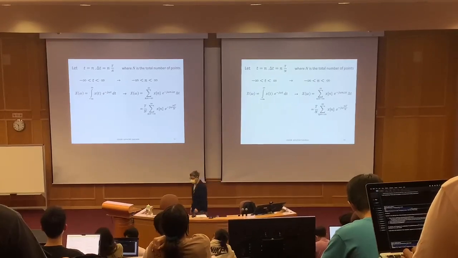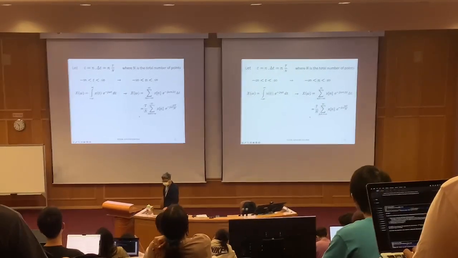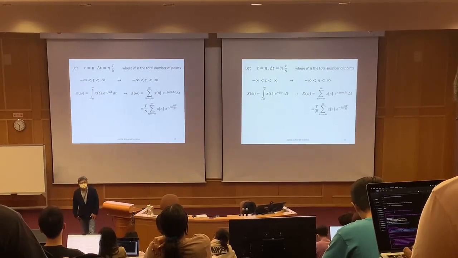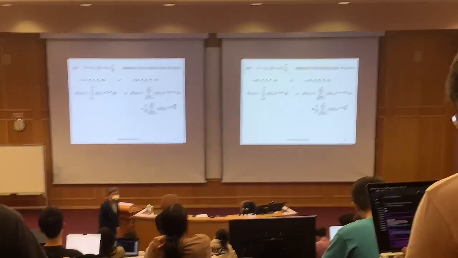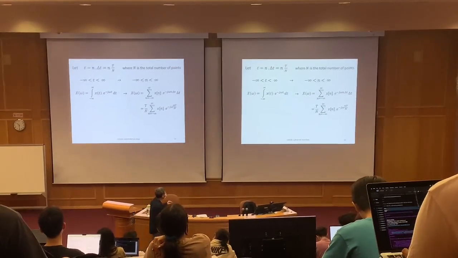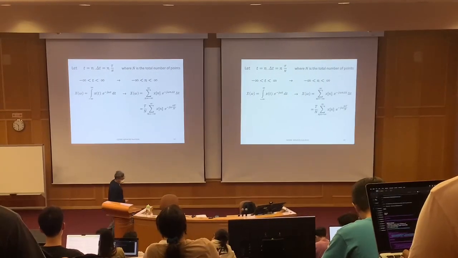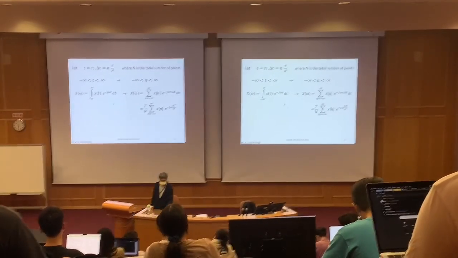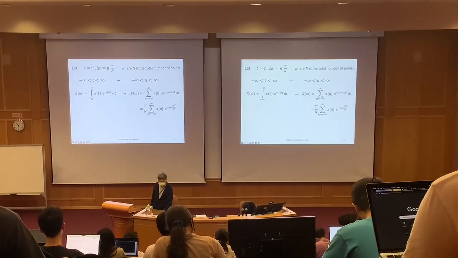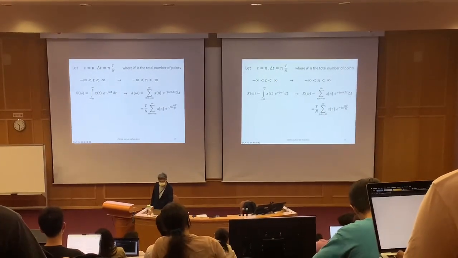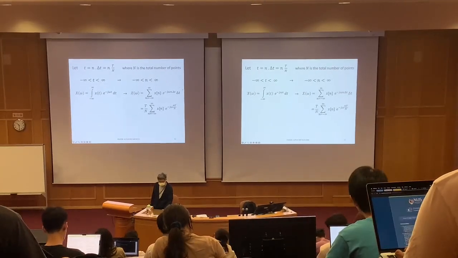And then since you need to multiply by delta t here, you put it here. Can you see that? You're changing from the continuous time integration into discrete time, so you multiply by delta t here.